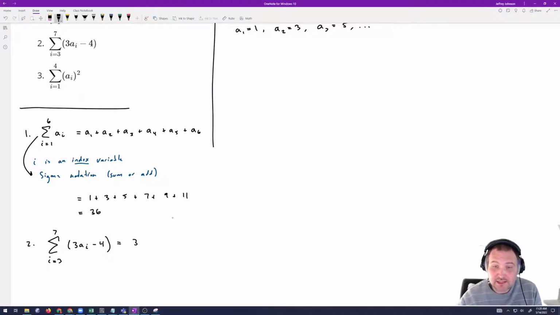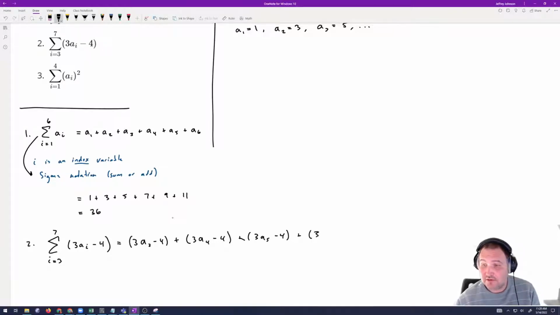So this is 3 times a_3 minus 4 plus 3 times a_4 minus 4. Do you see the only thing changing is i? i is changing, starting at 3, going to 7. Plus 3a_5 minus 4 plus 3a_6 minus 4 plus 3a_7 minus 4. Okay, and so that's really what that notation stands for.